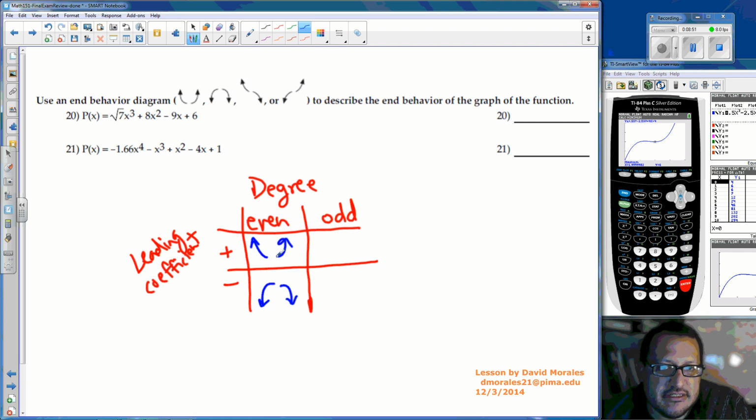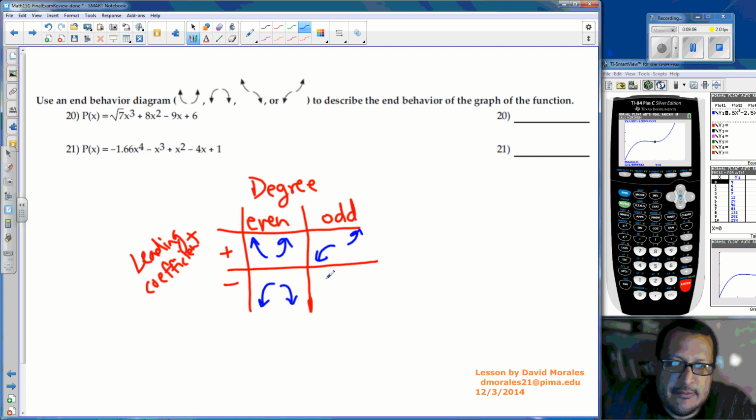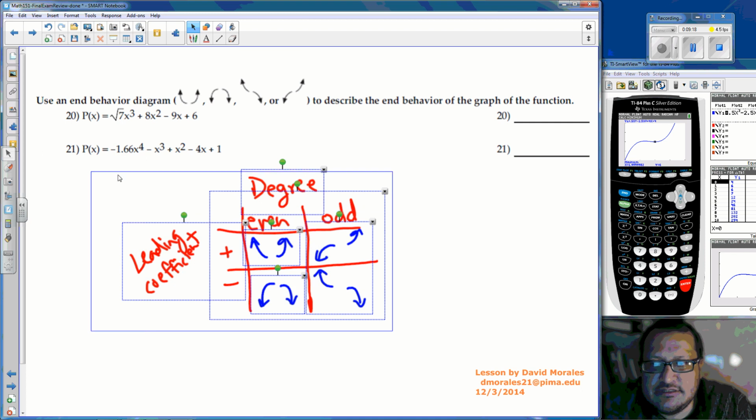As x goes to positive infinity, y goes to positive infinity. And so on. Odd means the end behavior is opposite. This one is going to be this way and that way. This one starts that way and ends up going that way. So this is all we need to look at here. Let's move this over here.